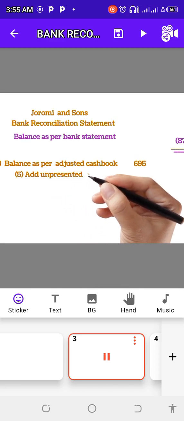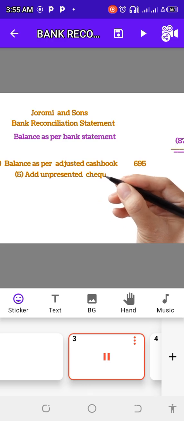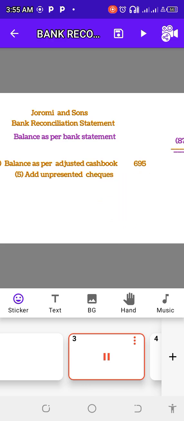That is information 5 in the question, unpresented check, and that information, as we find it in the question, is $2,074.